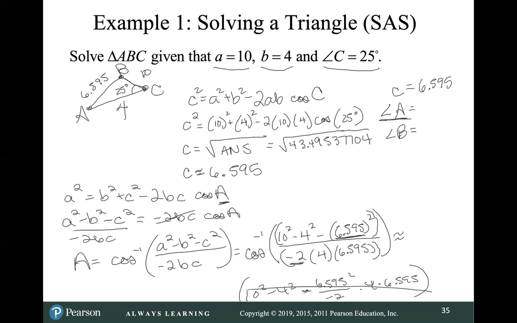I want to divide the whole thing. So you need those parentheses. You should get 140.151 degrees. We are going to round that to 140 degrees. So angle A is 140 degrees.